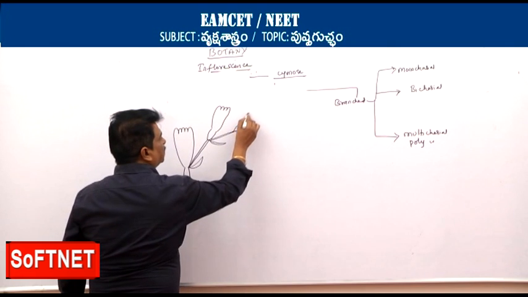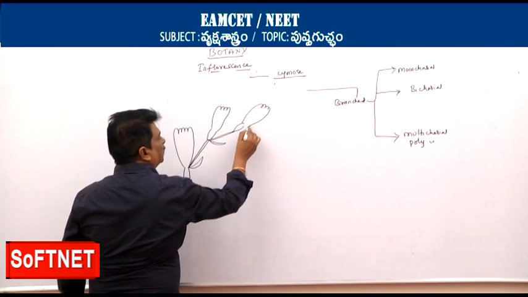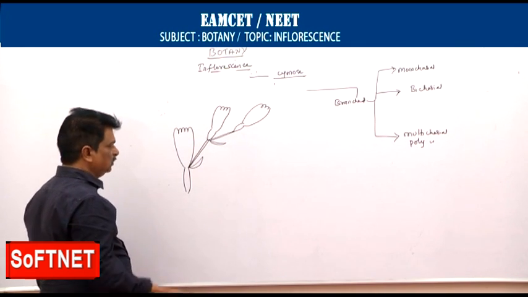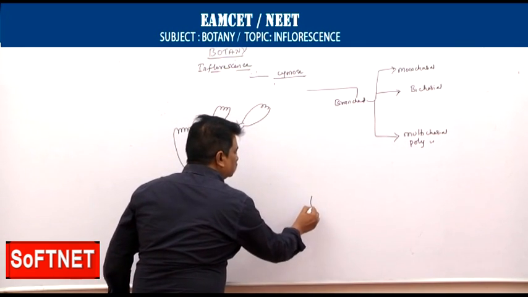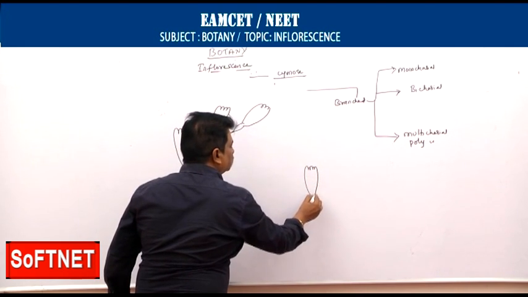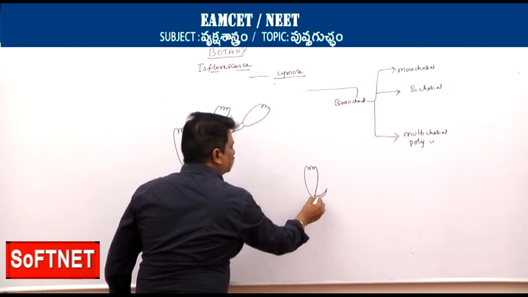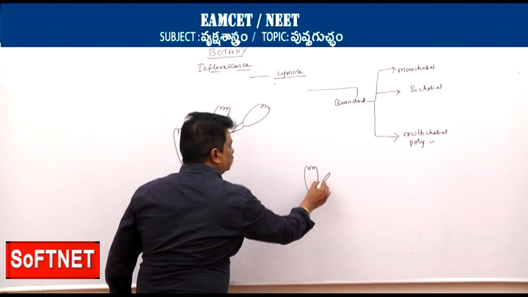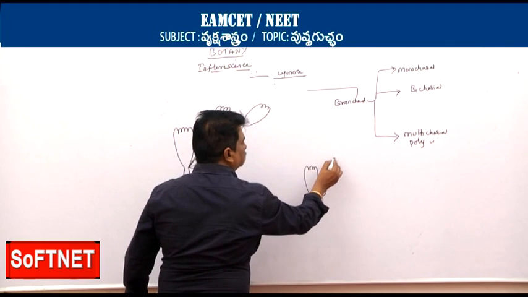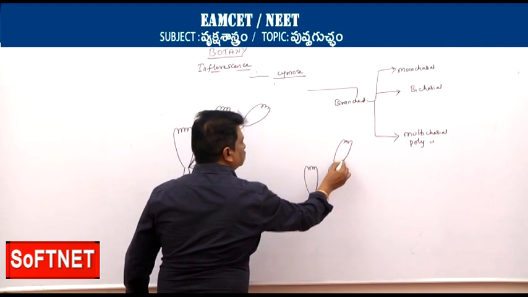In that branch again apical bud is modified into flower, so its growth arrested. So below the flower bract formed, it has axillary bud, develops into branch.